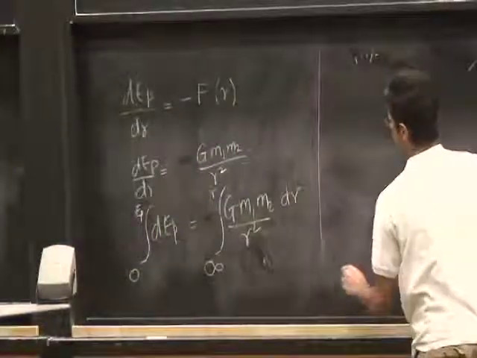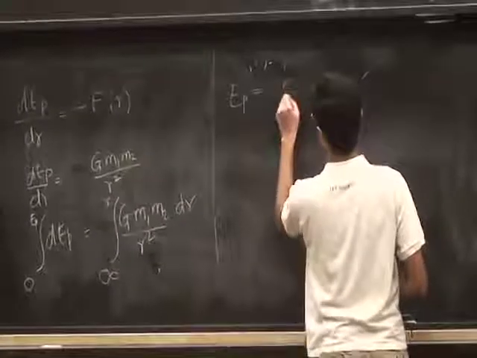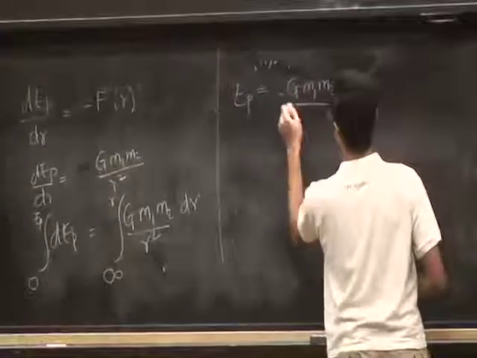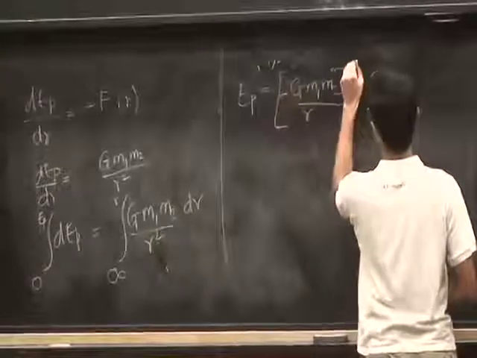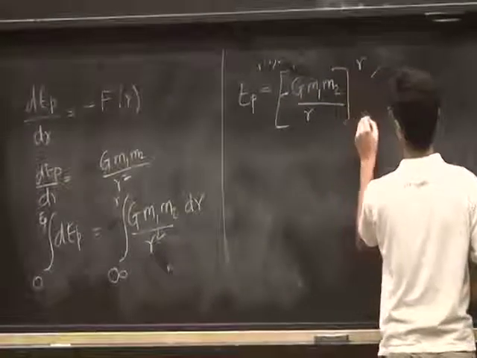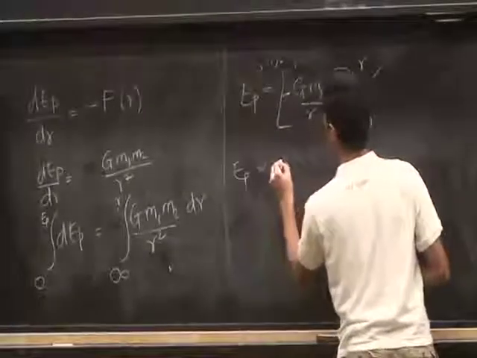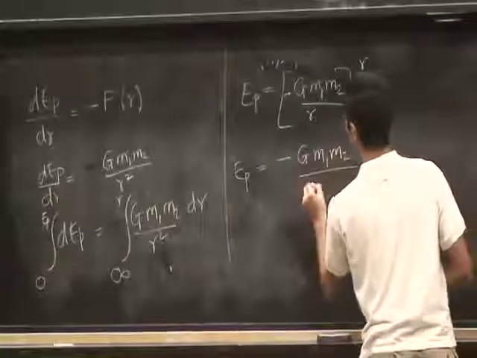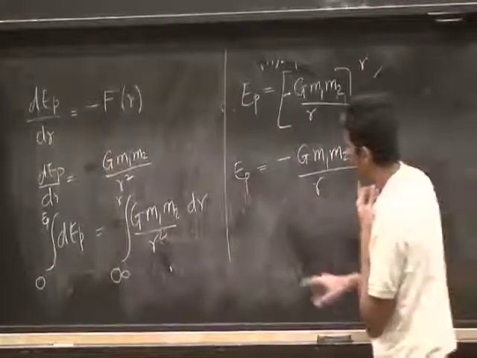So if you carry out the integration, what you get is g m1 m2, minus r, upper limit is r, and the lower limit is infinity. And so what you get is EP equals minus G M1 M2 divided by R.